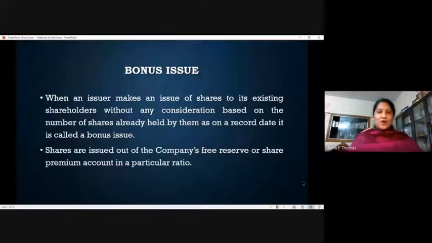Now the next one for our discussion today is bonus issue. See, when I invest my shares with a company, basically what I expect is a return, right? This return earned by the company can be paid in cash or in kind. One such payment in kind is bonus issue.